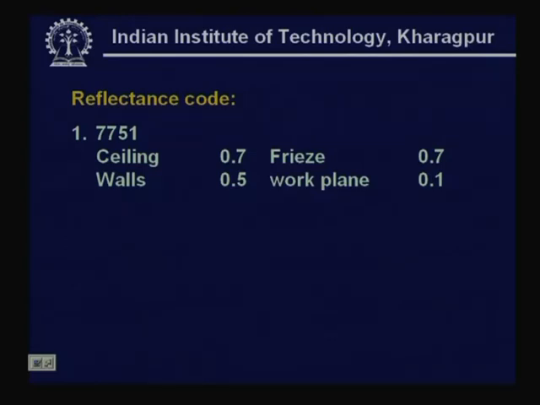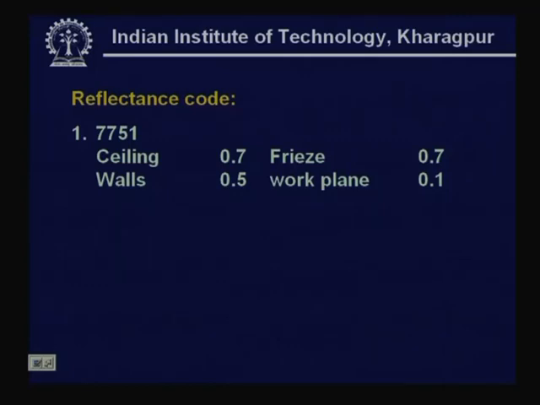which considers that there is a frieze. That means the lamp is suspended from the ceiling, and ceiling and frieze have a reflectance of 0.7. That is very good. Most of the light is reflected back. We know oftentimes the ceilings are painted white, or as near white as possible.